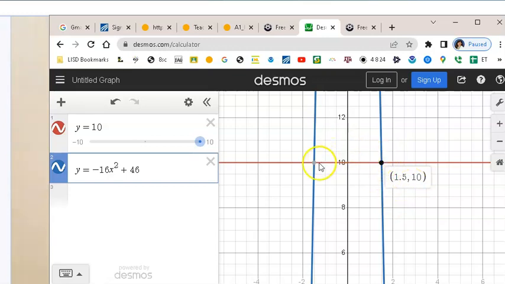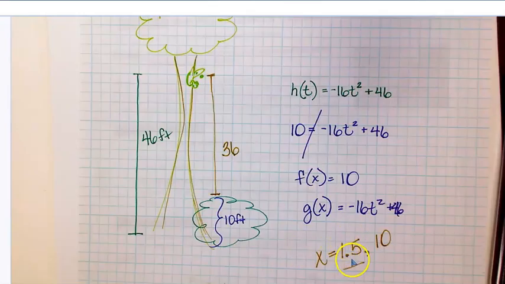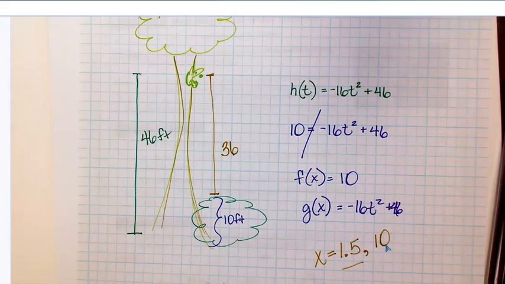You have another solution back here at negative 1.5, but since this is a situation involving time, the negative side doesn't make sense, okay? Because this is only a drop situation, we only need to look at half the parabola. So 1.5 is our time. At 1.5 seconds, the height is 10 feet.